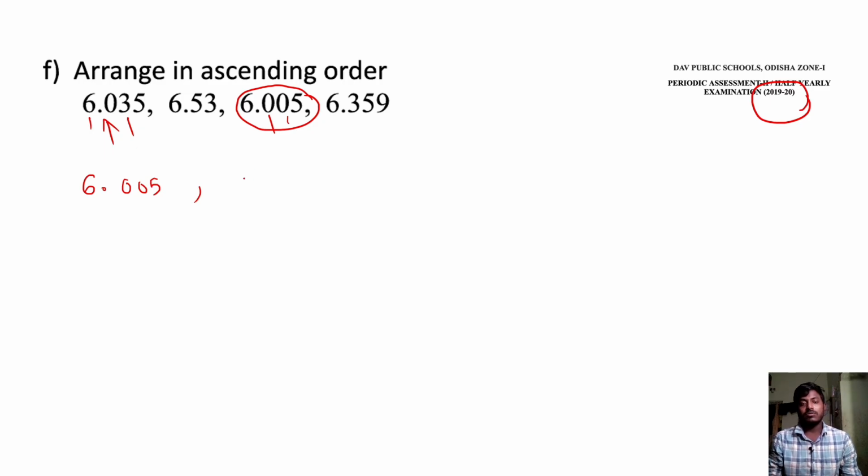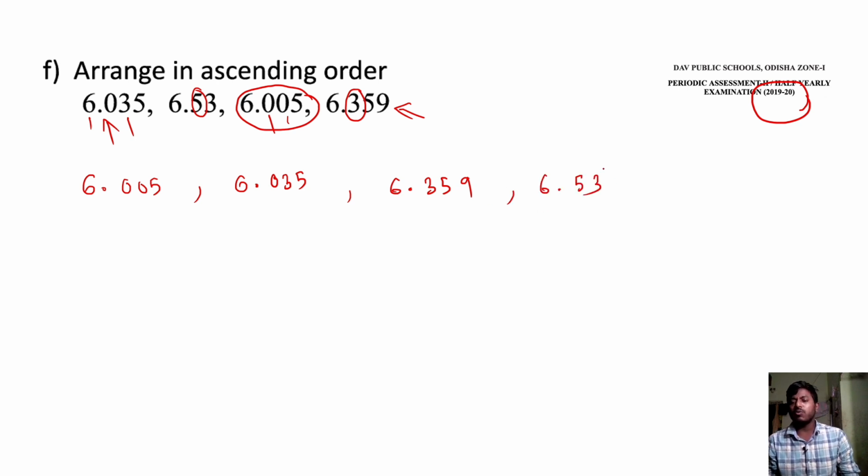After that we write down 6.035. Any issue? Now we write 6.359, because here the 10th position is 5, and here the 10th position is 3. So 3 is the smaller, that's why you write down 6.359. After that 6.530, or you can write 6.53. Okay. Next.